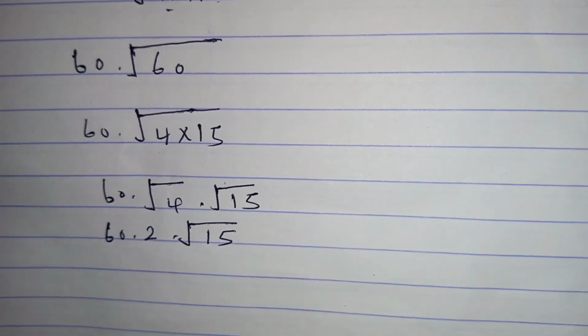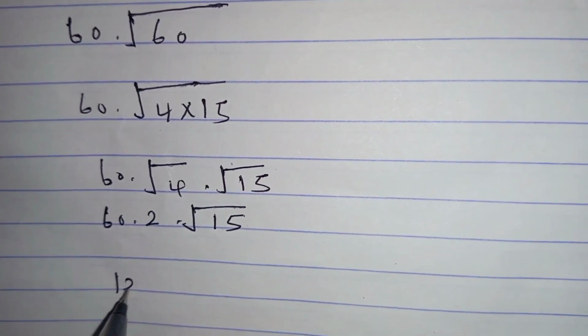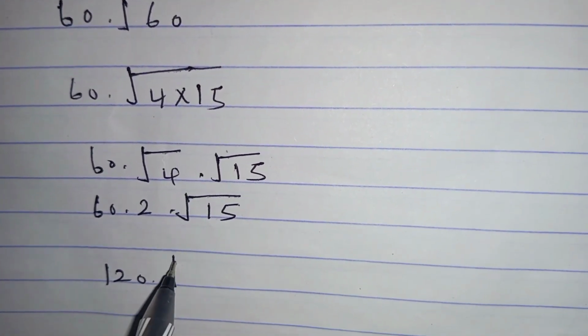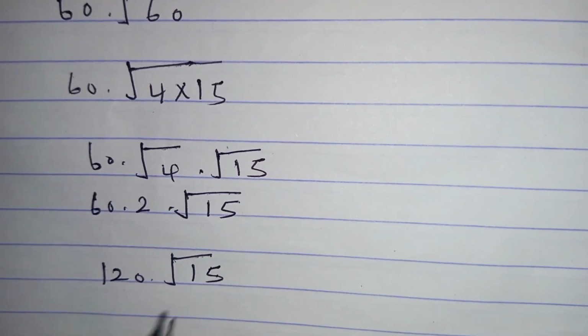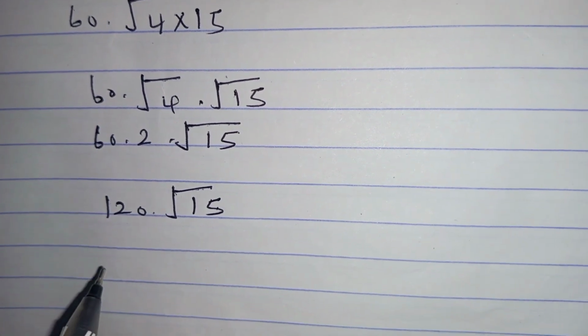The square root of 4 is 2 times root 15. So 60 times 2 is 120 square root of 15. And that is the solution of what you are given.